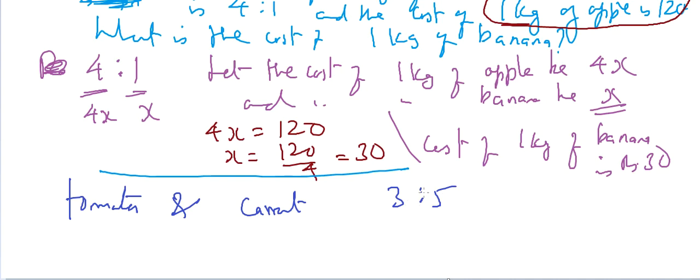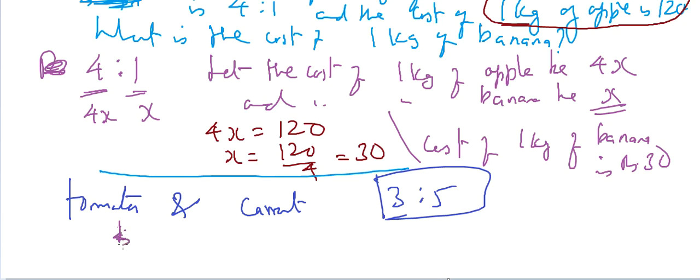In that case, if you know the cost of tomato, we can find the cost of carrot, or if you know the cost of carrot, we can find the cost of tomato using this ratio. Okay, let's say we know the cost of 1 kg of carrot.